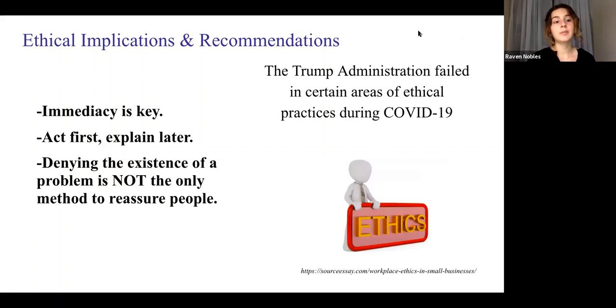Ethically, Donald Trump did not necessarily respond to COVID-19 as he should have in the beginning. As this slide states, immediacy is key. And within certain areas of the pandemic, Donald Trump did not act as a president necessarily should have, especially when referring to the pandemic as the Kung flu.